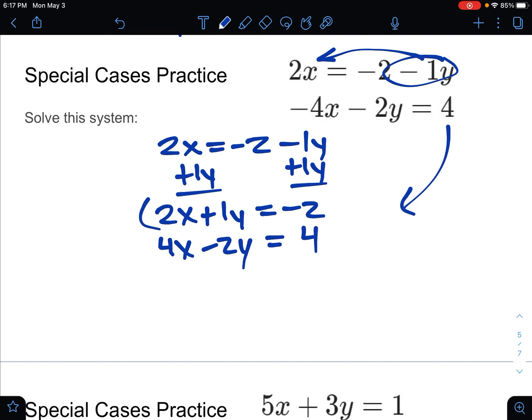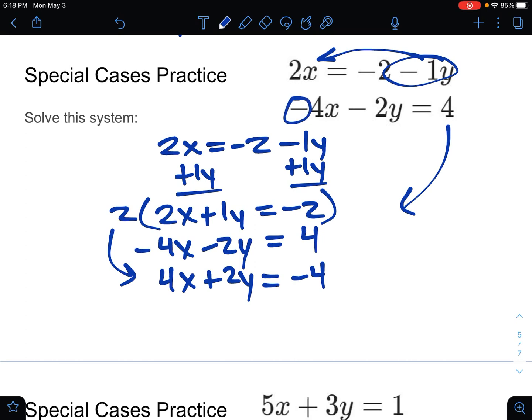If I try to do opposites here, I'm going to do times 2 to the top. That would be 4x, and bring it down here, plus 2y equaling negative 4. I didn't carry that negative down. There it is. I knew I missed something there.